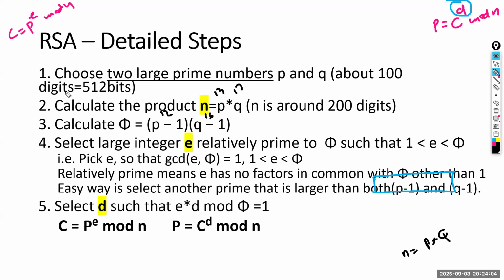Then c is p to the power e mod n, and p is c to the power d mod n. Fine, that is how it is calculated. Right. Most of the time, every year, you get two questions from this.